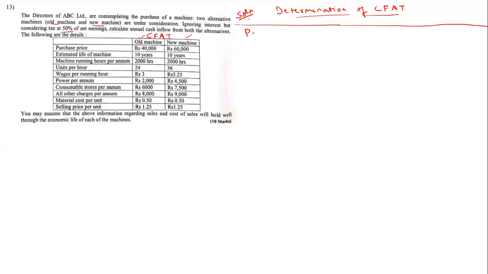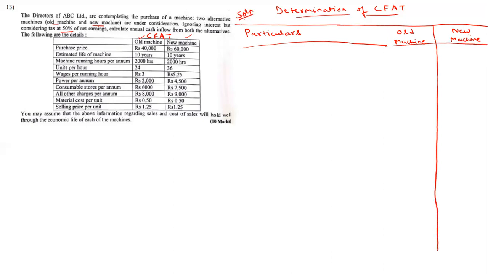I'll be writing particulars as the first column, and then I'll be taking the old machine and new machine in the columns here. You can practice the same watching this video. I'm not that good in terms of getting the rows straight, but anyway, I'll try my level best and then we shall proceed with this.